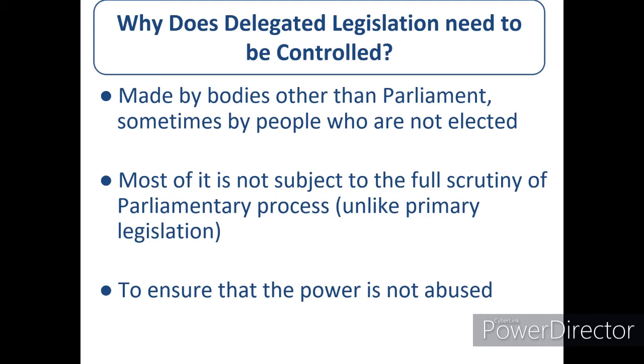Also, when a law is made through Parliament, as we have seen in our previous lessons, it's subject to a whole process, making sure the law is scrutinised in detail for any mistakes or any problems. Secondary legislation doesn't go through all this scrutiny. And finally, because it's made by people who aren't elected and therefore are not accountable to the public in the same way as MPs are, we need to ensure that power is not being abused.